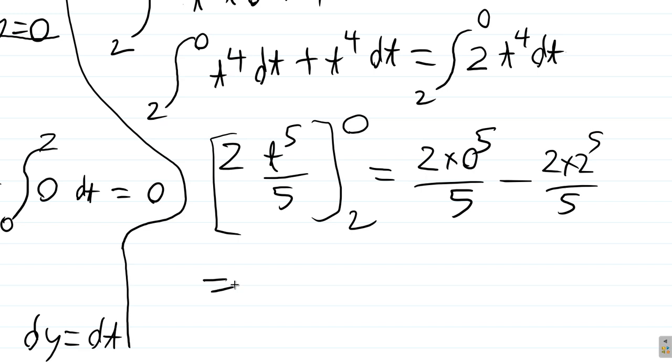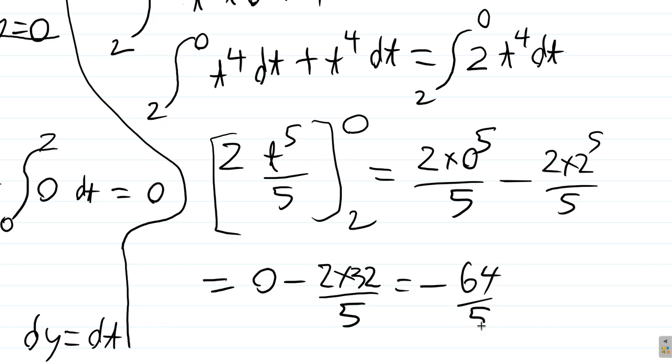This part is going to be 0. So it's 0 minus... 2 to the 5 is what? 2 2s 4, 4 2s 8, 8 2s 16, 16 2s 32. So it's 2 times 32 over 5, which is negative 64 over 5. Okay, good.